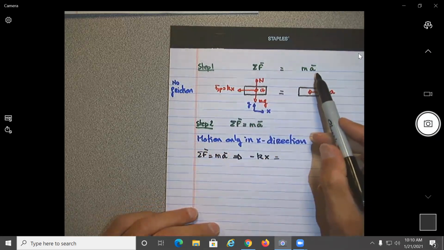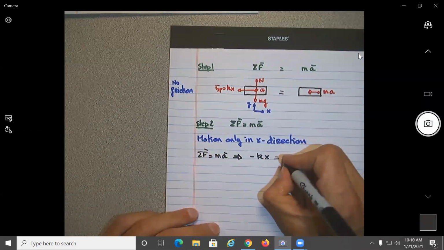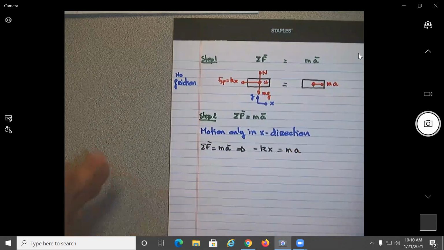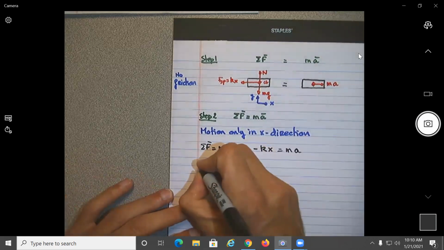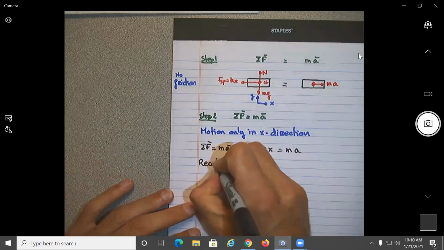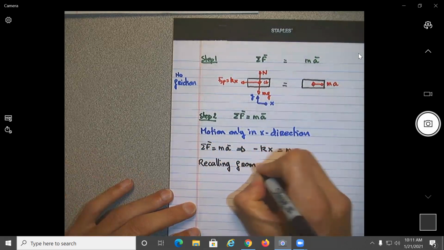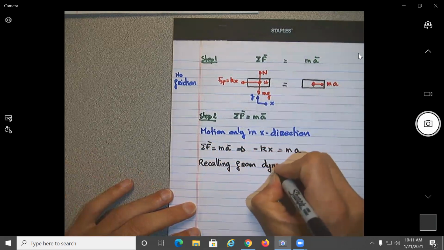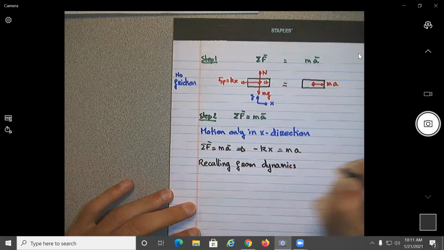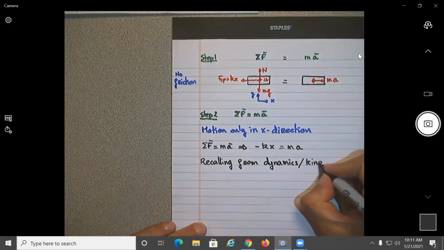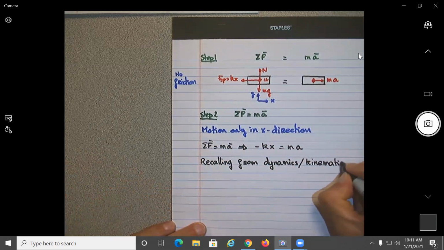Now, what are the inertia effects? It will be ma. Okay? And now I'm just going to write over here, recalling from dynamics, but really it is kinematics to be accurate.